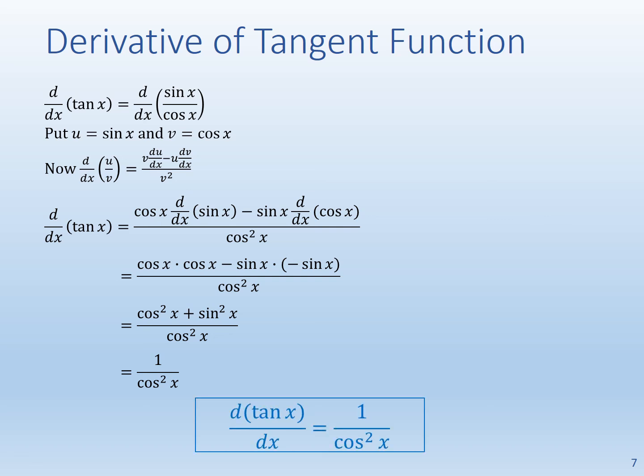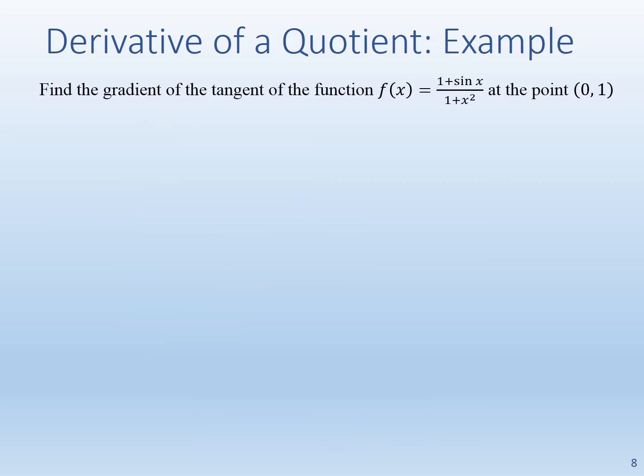And that's an important result, so we'll put that on our formula sheet. The derivative of tan x is 1 over cosine squared x. 1 over cosine can also be written as secant or sec of x, so you'll see that written also as sec squared x.